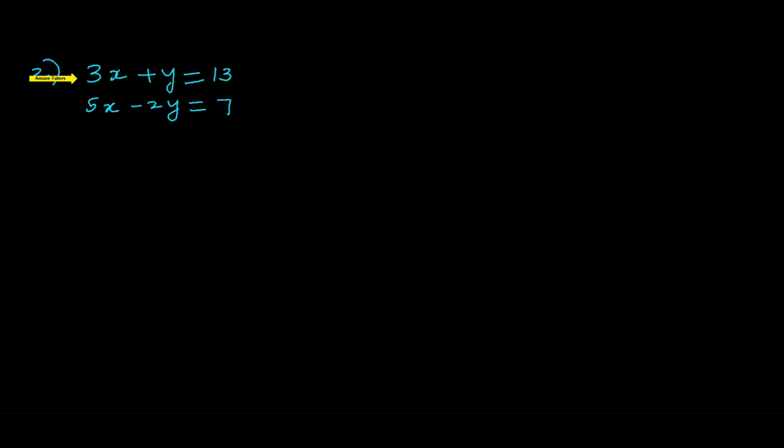So you can pick up equation 1 to make y the subject. Because this is the substitution method, I want to make any one of the variables the subject. So when I want to make y the subject, take the 3x to the other side, which will become y is equal to negative 3x plus 13.